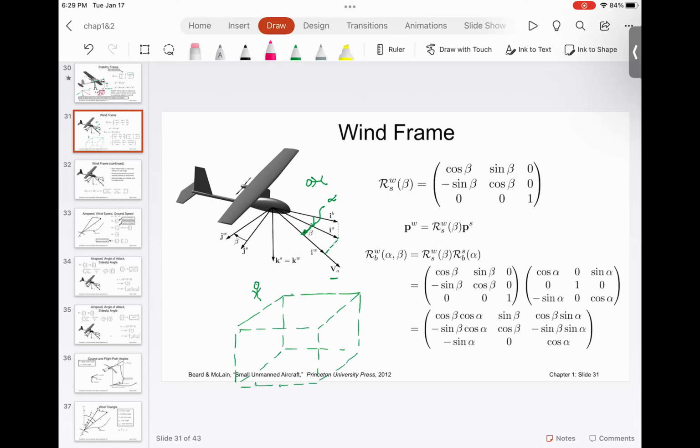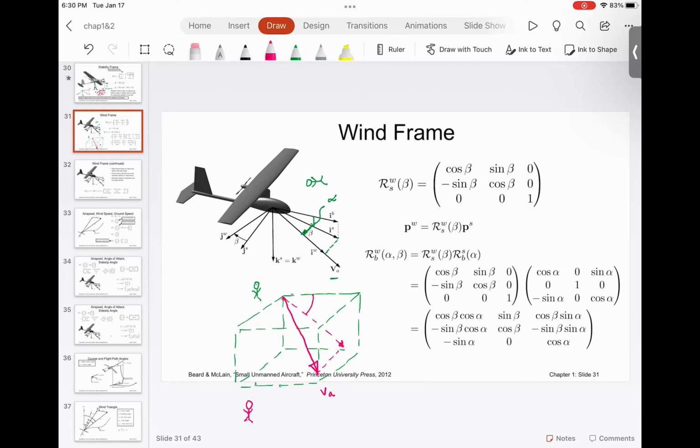Now I'm going to exaggerate, and the airspeed vector is somewhere over here. This is my VA. Now I'm going to look from the side. So I look from here and I notice the projection of VA here.